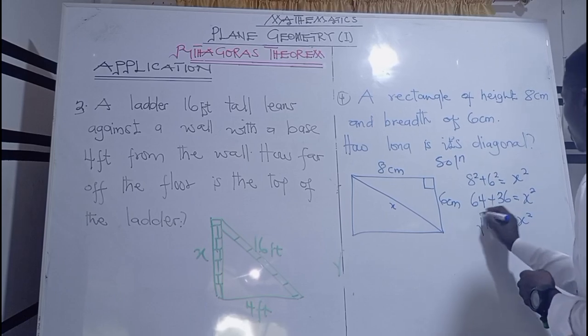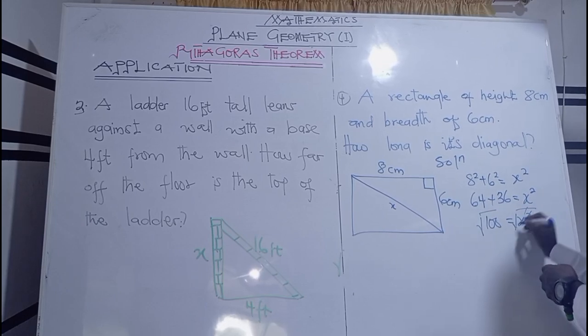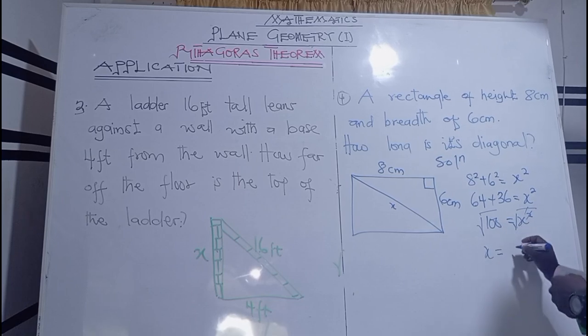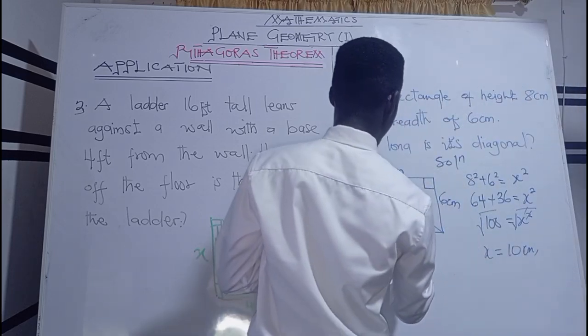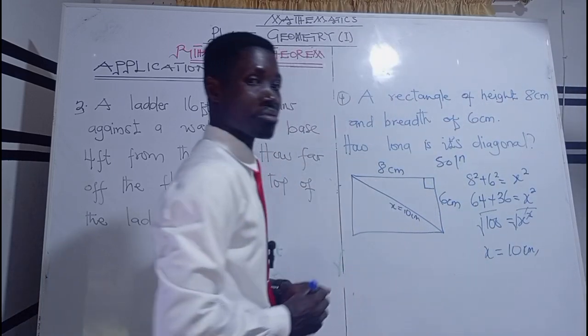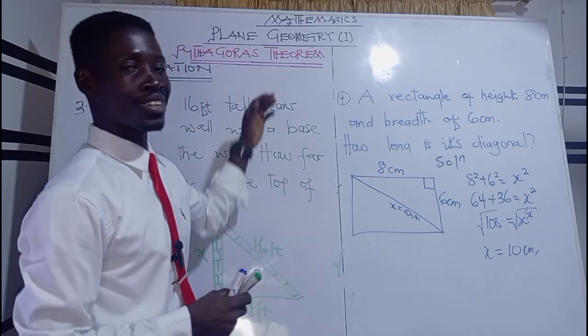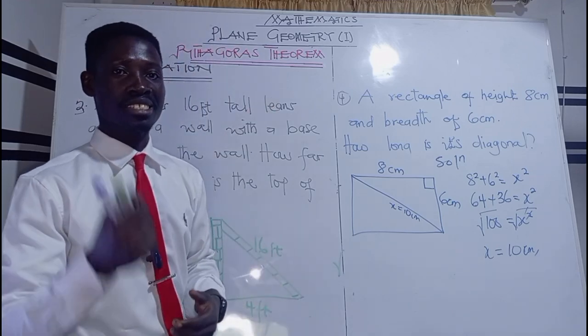So taking the root on both sides, we can say our x is equal to 10 centimeters. So the length of the diagonal is 10 centimeters. Very, very simple. You see how application questions on Pythagoras theorem are very simple.